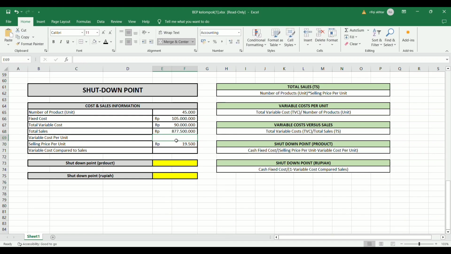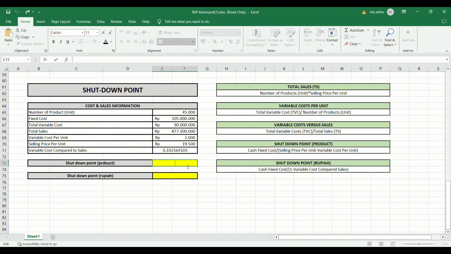Next is variable cost per unit with the formula equal total variable cost divided by number of product and then enter. Variable cost compared to sales with the formula total variable cost divided by total sales and then enter.